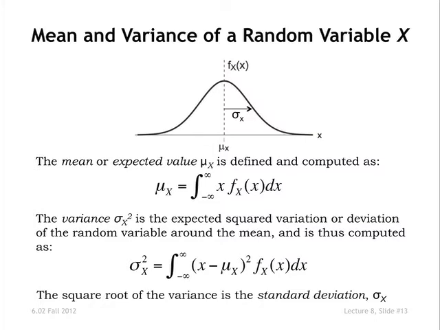That has the right units, right? Standard deviation, the square root of variance, has the same units as x. If x is a voltage, the standard deviation has units of voltage. It would be a mistake to label a spread here by the variance. You want to think in terms of standard deviation when you're thinking about spread. So you define the variance and then take the square root to get the standard deviation.